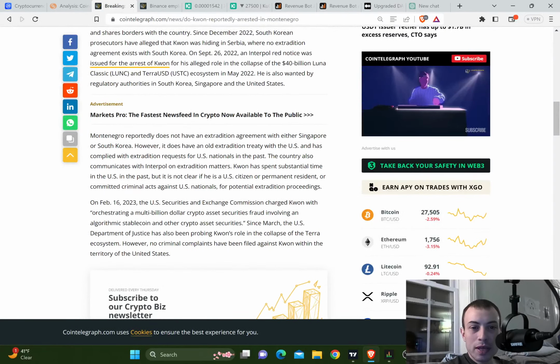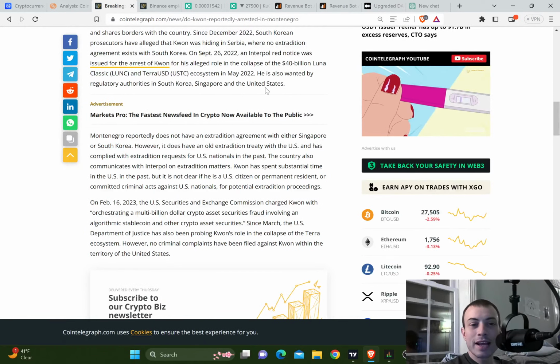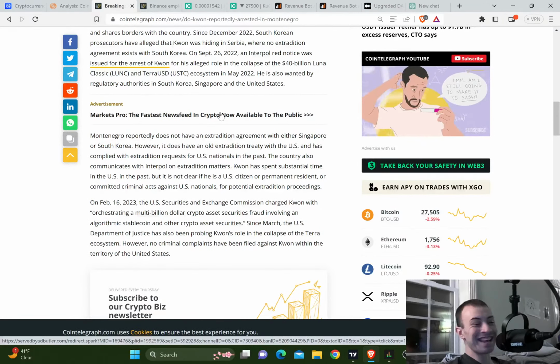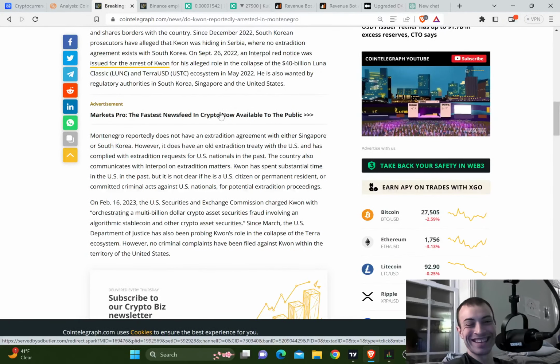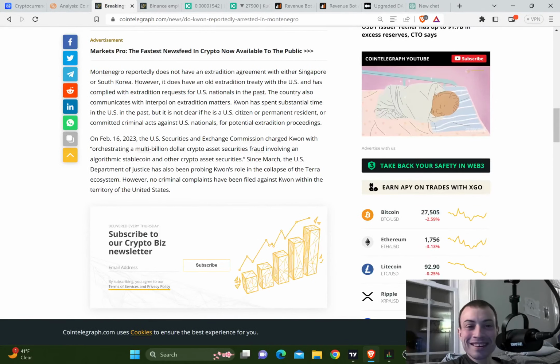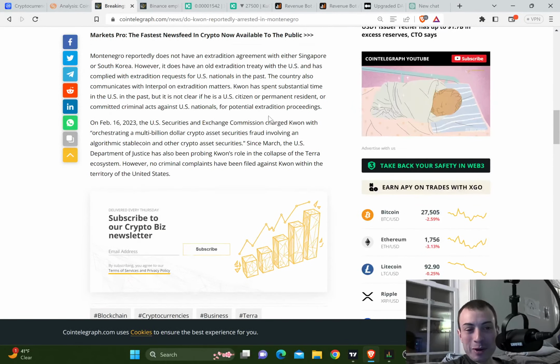But it looks like he was also wanted by the United States, and they actually do have an old extradition law. Of course. Yeah, of course we have an old one. They do whatever the hell they want. That's kind of funny. So we got him on an old one.